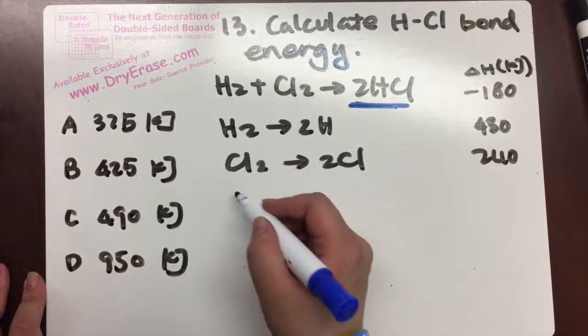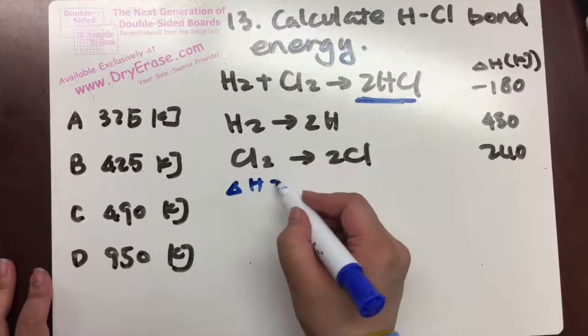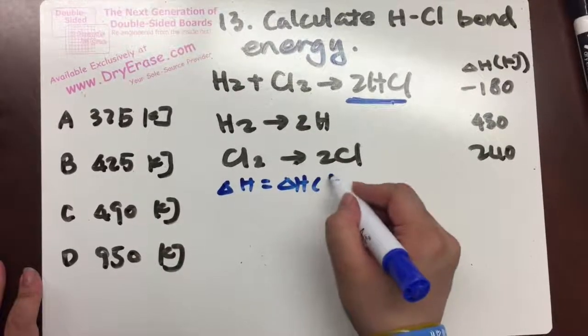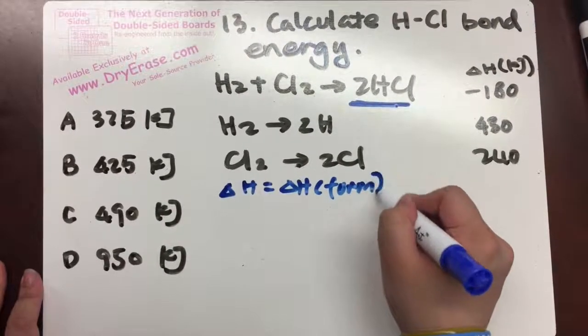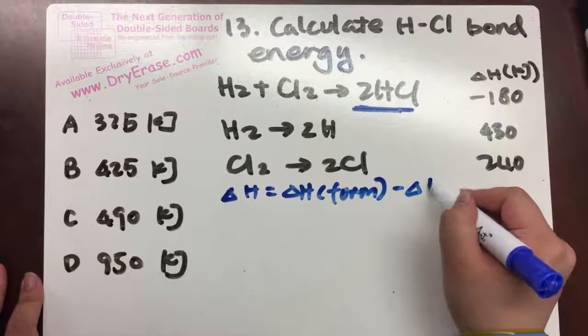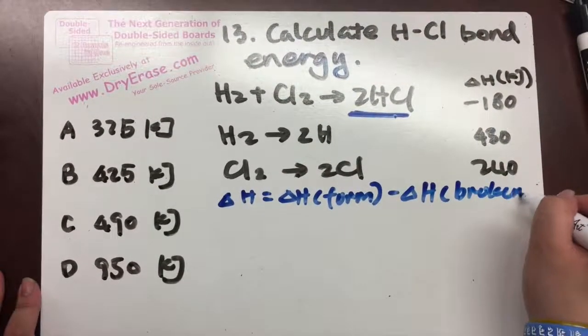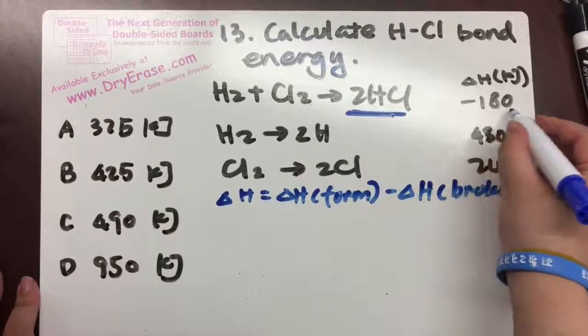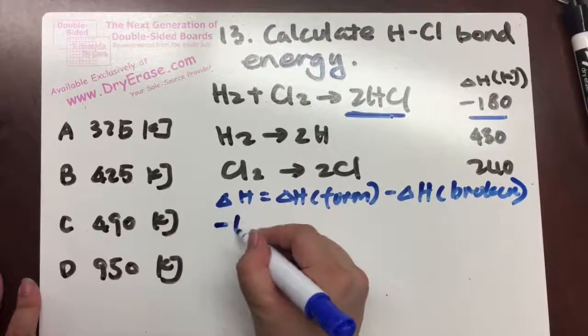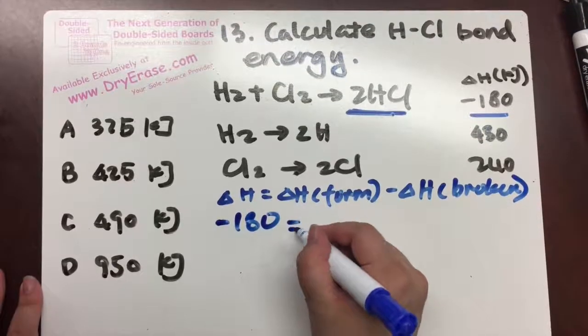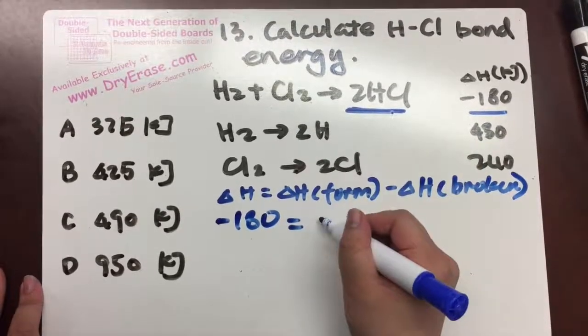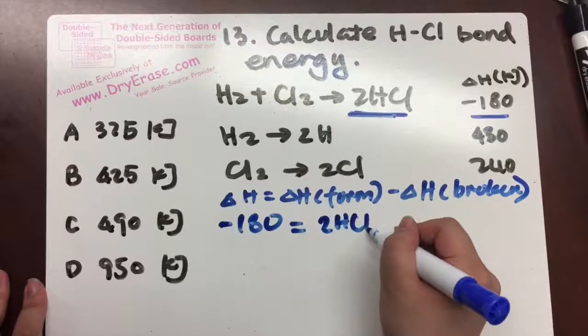Use the following information to calculate the HCl bond energy. In this question, we're still using delta H equals the energy from forming bonds minus the energy to break bonds. In this case, we know the delta H for the overall reaction, so we just substitute it into the formula. And we don't know the HCl bond energy, so we just leave it as 2HCl.